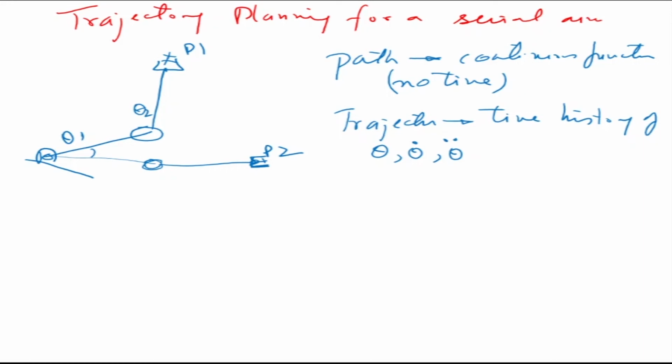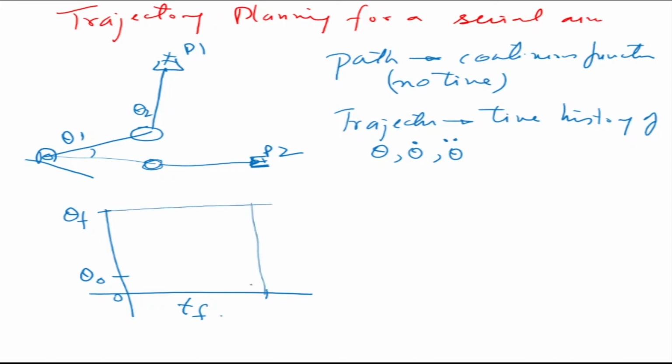In this case, let me draw an example here. Let's say this is my theta naught. It has to go from theta naught to theta f in time tf, starting from time 0. The trajectory has to be fitted, which will take the joint from theta naught to theta f in time tf. Because of this joint motion, there will be an end effector position change.